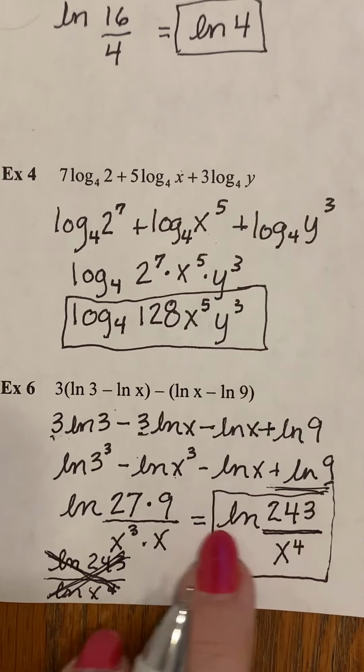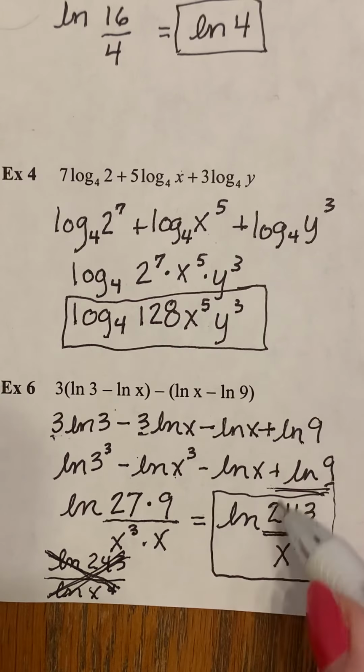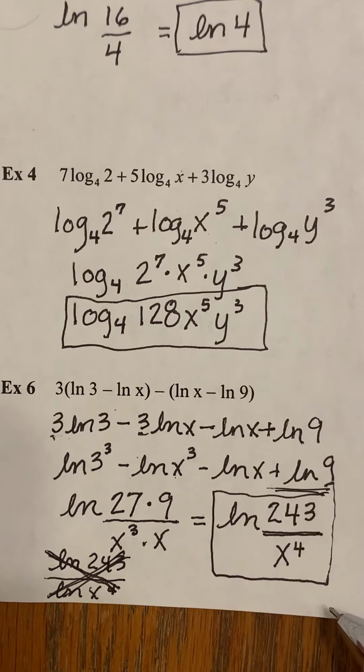This does not come over the top of that either. Be careful. Because what we're saying is we want the natural log of this quantity the way it's written. Not the natural log of 243 divided by x to the 4th, but the natural log of the whole thing, 243 divided by x to the 4th.